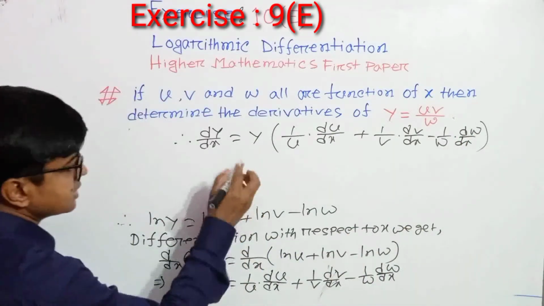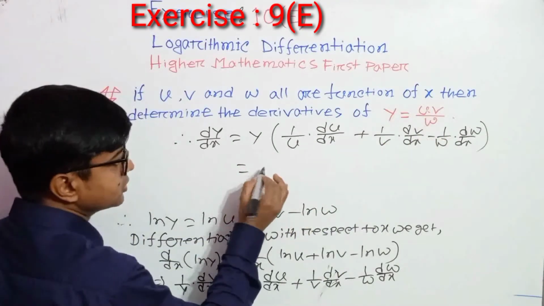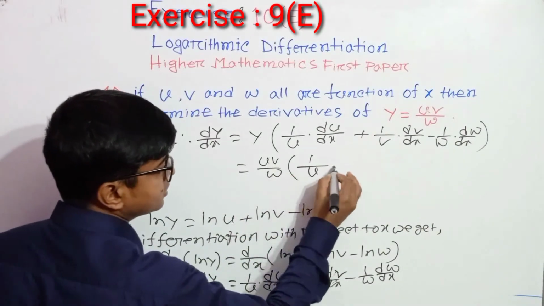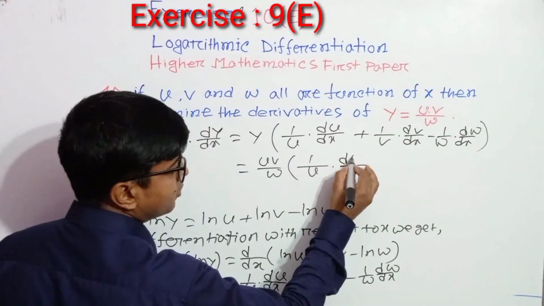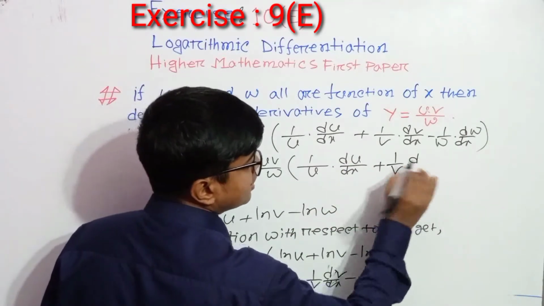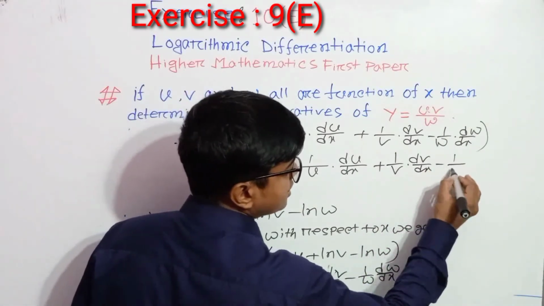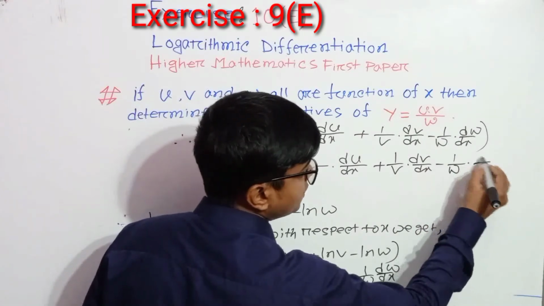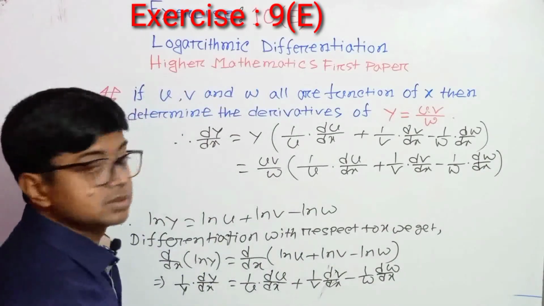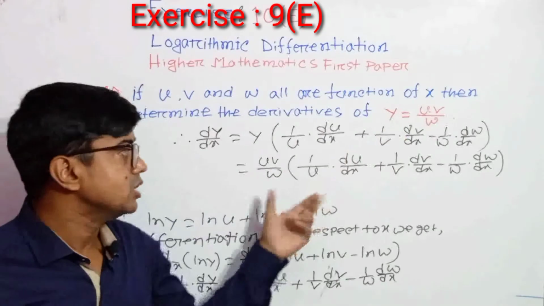And here y equals uv by w, so d/dx of y equals uv by w times 1 by u d/dx of u plus 1 by v d/dx of v minus 1 by w into d/dx of w. In this type of math, you can use this formula.